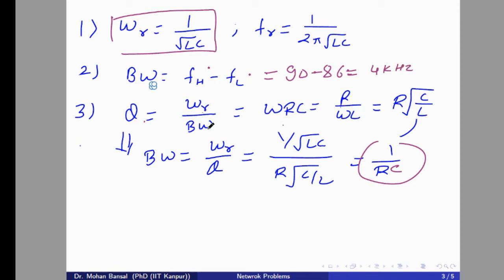So the bandwidth in radian per second in our case will be 2 pi into 4 kilohertz, which is 8 pi kilo radian per second.